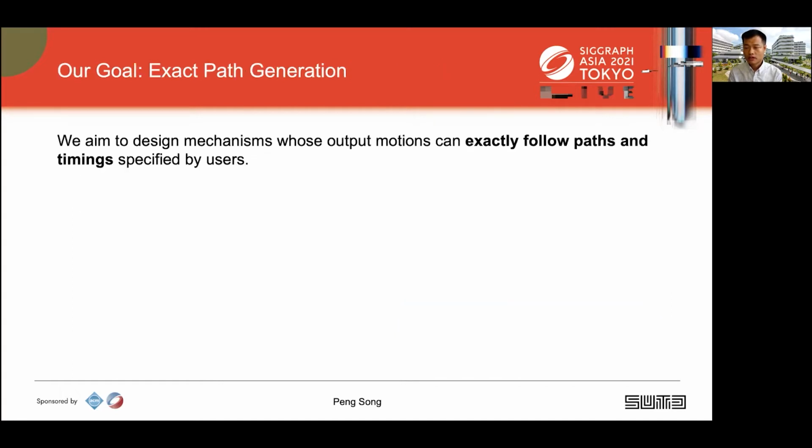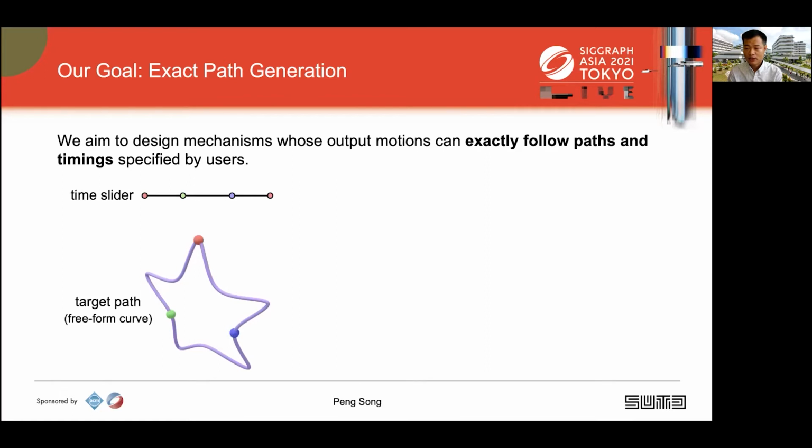In this work, our goal is to design mechanisms for exact path generation. The user can specify a target path represented as a free-form closed 3D curve. The user can also specify a timing requirement on the motion represented as a set of key points on the target path, as well as the timing intervals between each pair of key points on the time slider.